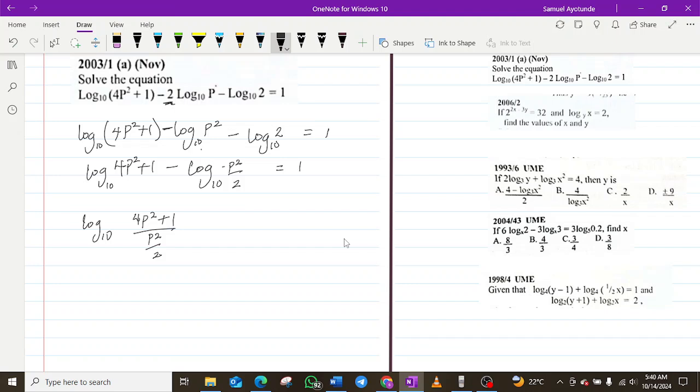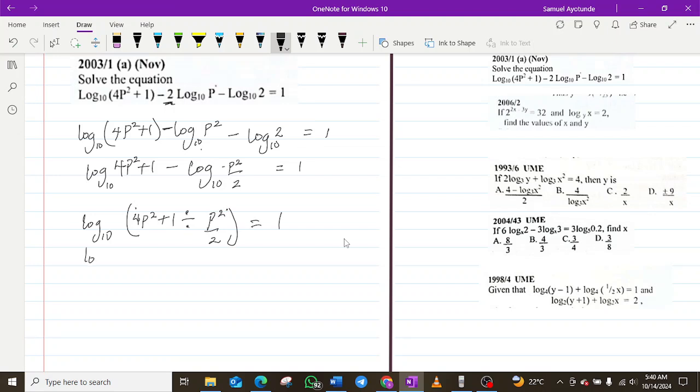Or you can also have it like this in a better way. Put this in a bracket divided by p squared over 2, close the bracket, is equal to 1, because over is the same thing as division.